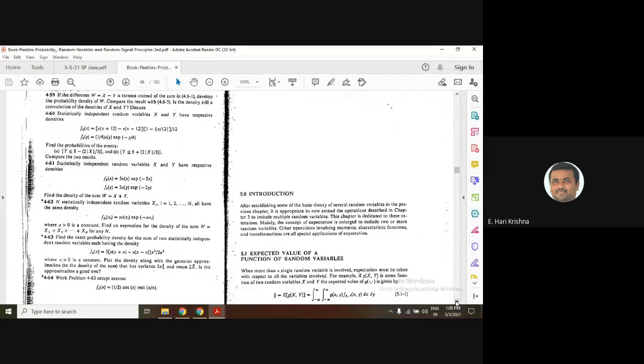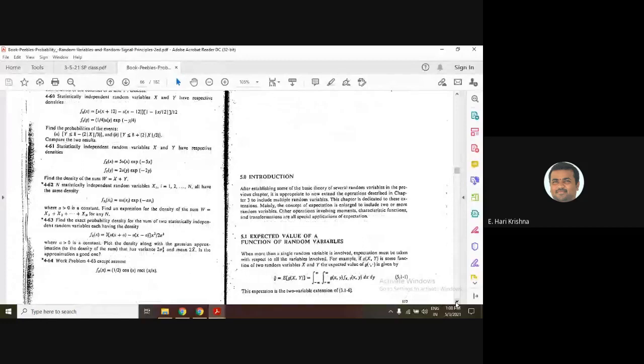So this is the last topic in the first unit, most probably, operations on multiple random variables. That is, expectation of g of x comma y is equal to the integral from minus infinity to plus infinity, minus infinity to plus infinity, of g of x comma y, because it is a joint random variable, the joint PDF will be copied down here, dx dy.